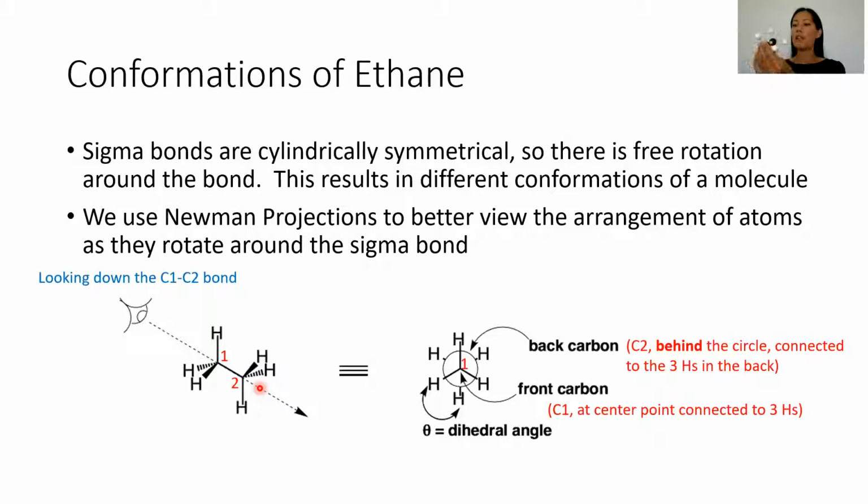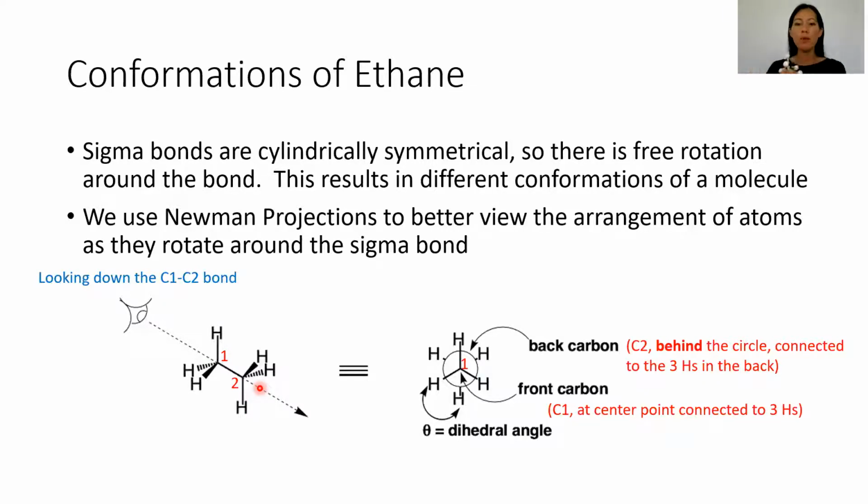Just looking at this and thinking about repulsion between electrons, and again, atoms are made of electrons. What is the best conformation? What do you think is the lowest energy conformation that this ethane molecule would want to adopt? So if I look at this head on, I can stack the two white hydrogens.